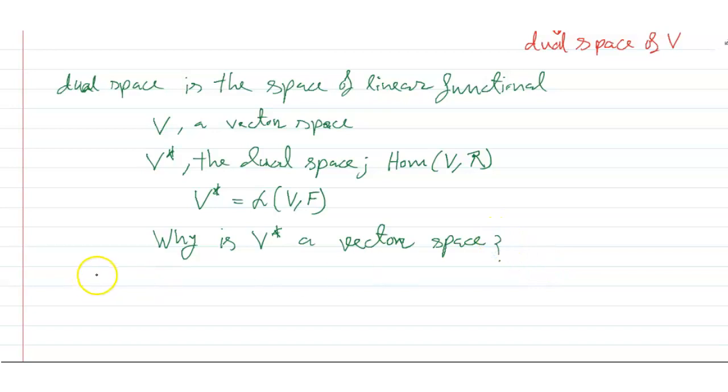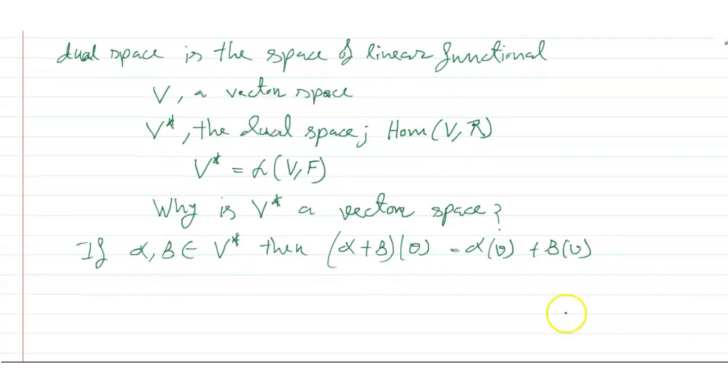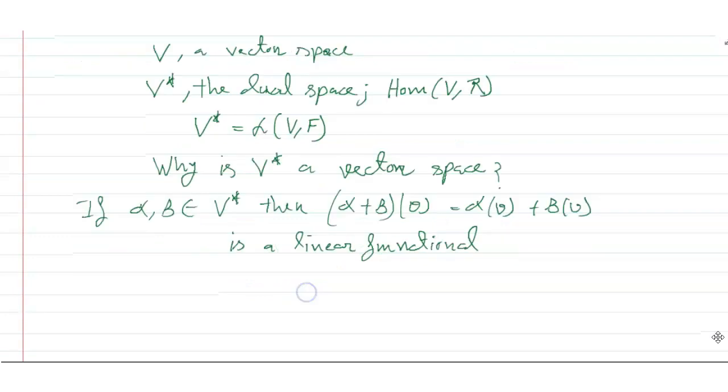If alpha, beta belong to V star, then alpha plus beta applied to v equals alpha v plus beta v, which is a linear functional.